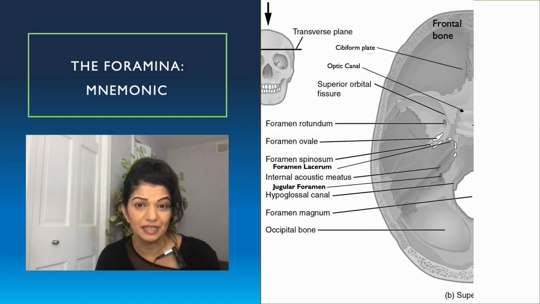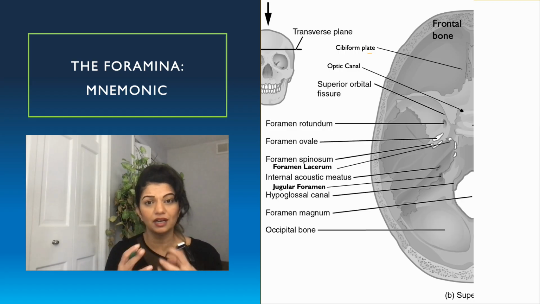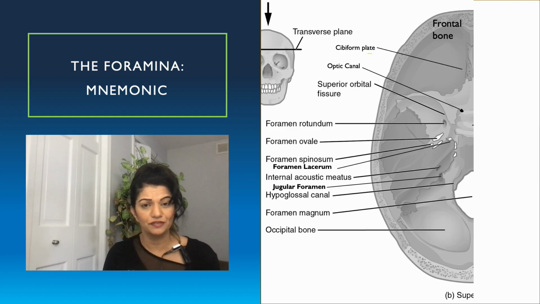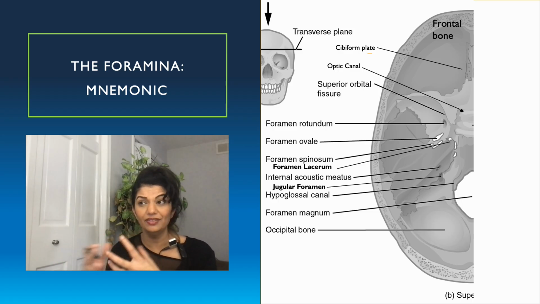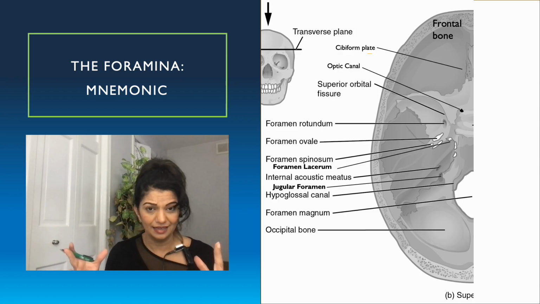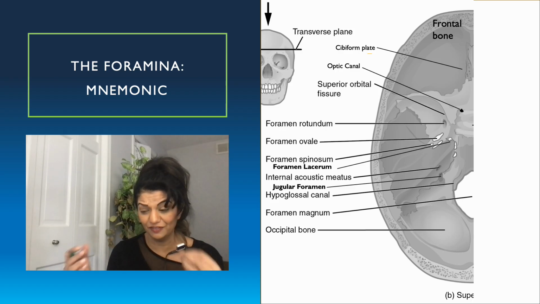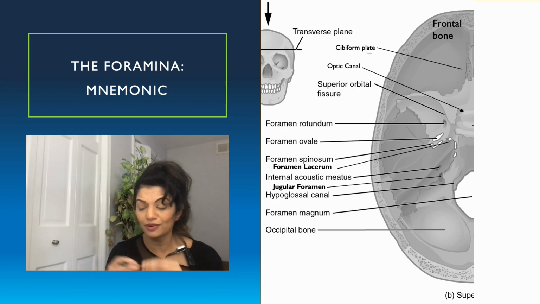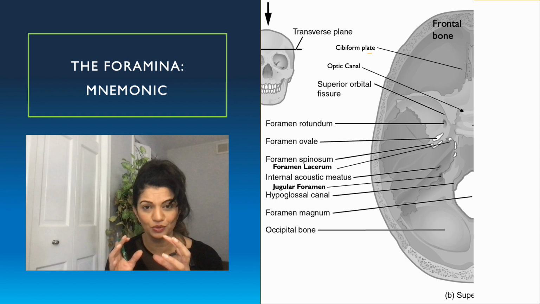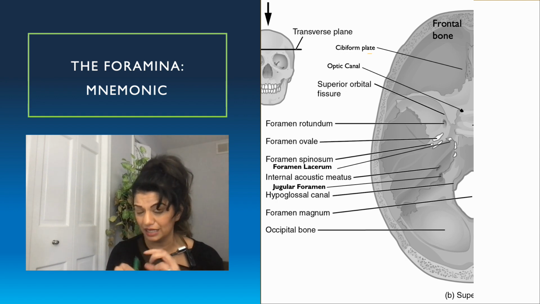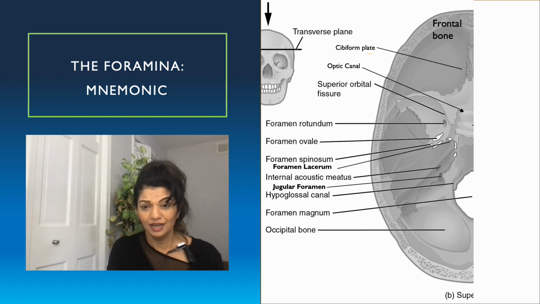Let's talk foramina. I did promise that we would dive in a little bit better into foramina because foramen basically means hole in Latin, and there are tons of holes in the skeleton, right, and specifically in the skull, and so trying to get them organized and sorted in your head can be a bit tricky. So here we have a mnemonic.